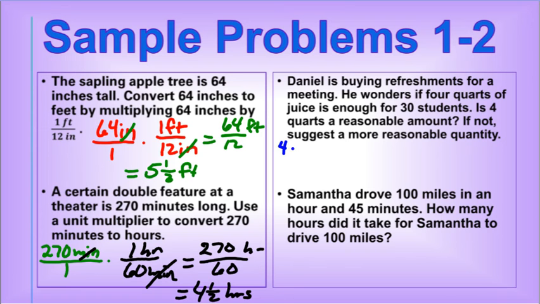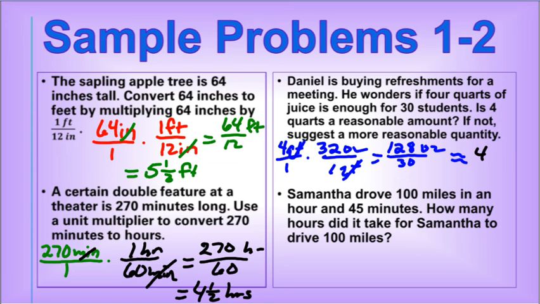So 4 quarts over 1, and there are 32 ounces in 1 quart. So this will give you 128 ounces. If you divide that by the 30 students, that's roughly 4 ounces.